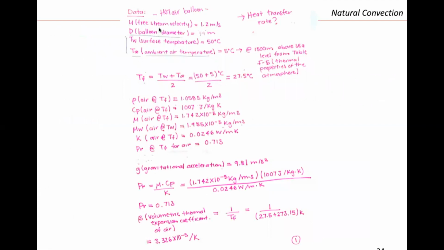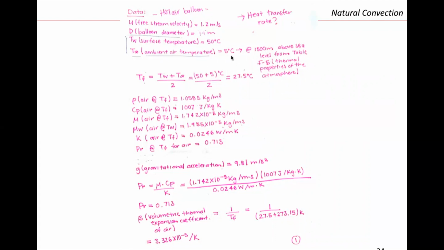So we know what we know. We know the free stream velocity, that is 1.2 meters per second. We know the diameter of the balloon, that is 14 meters. We know the T wall, or the surface temperature of the balloon, being 50 Celsius. This you can take from tables.